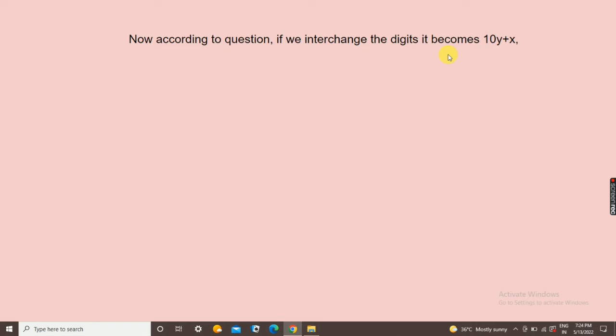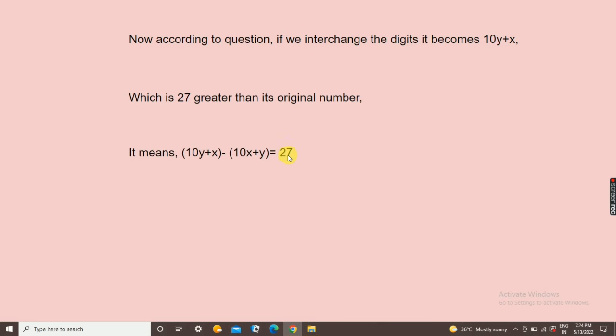It's given in our question that this number is 27 greater than the number formed earlier. It means if we subtract these two numbers, the answer would be 27.